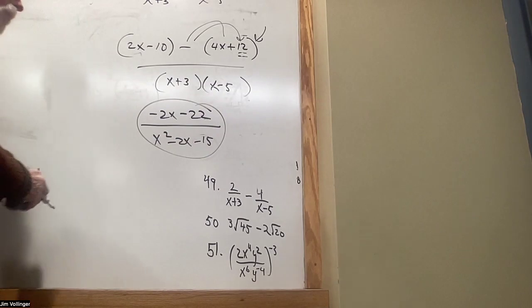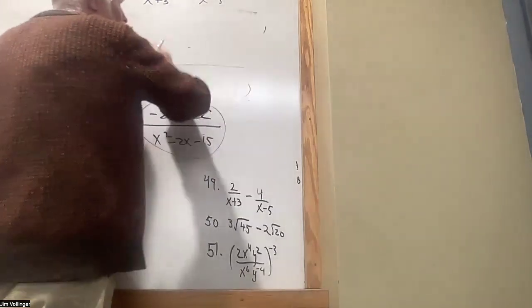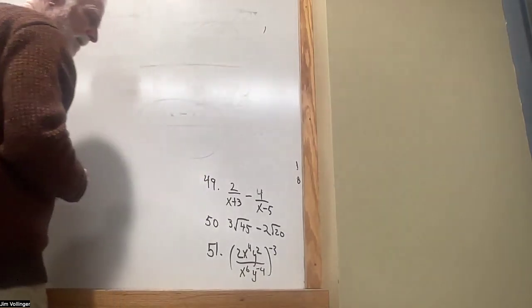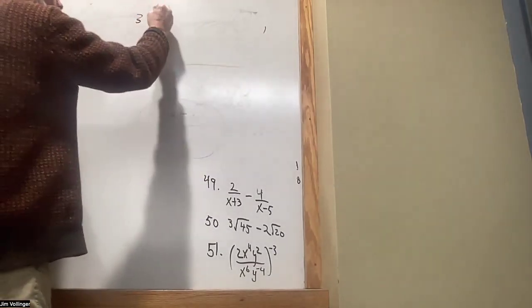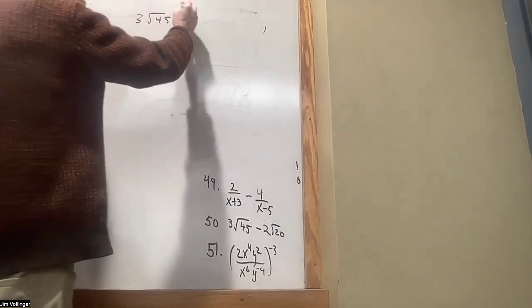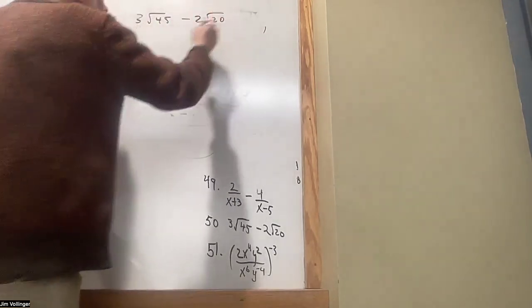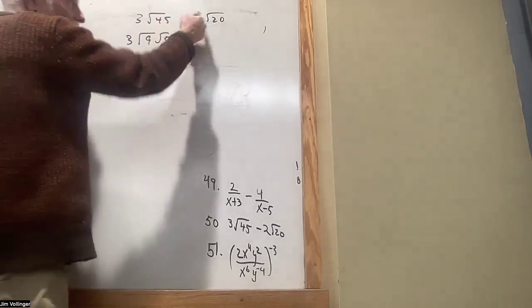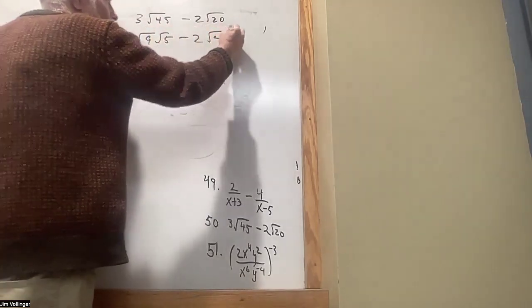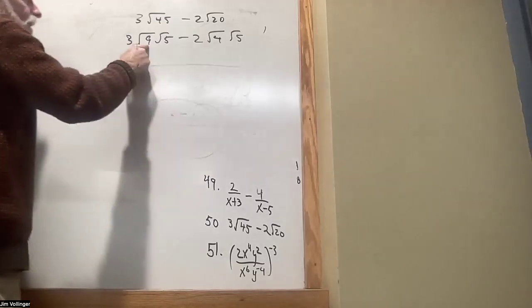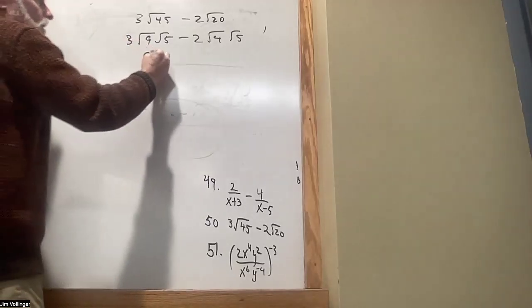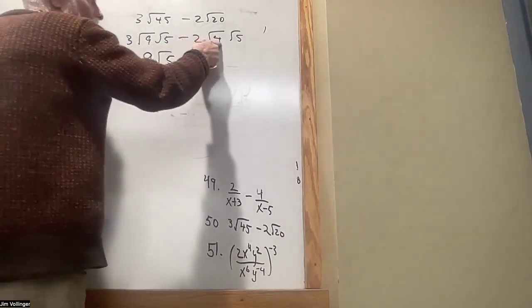Okay, 2 more problems. Oh boy, 2 more problems. I'm going to get it done. I've got 3 root 45 and minus 2 root 20. I'm seeing a 9 there. 9 root 5. I'm seeing a 4 over here. Root 4 root 5. Okay, 3 times the square root of 9 is 9. Because the square root of 9 is 3. 9 root 5. Square root of 4 is 2.